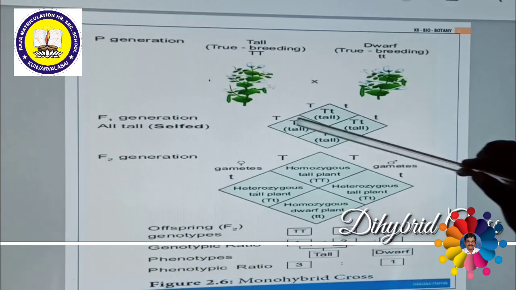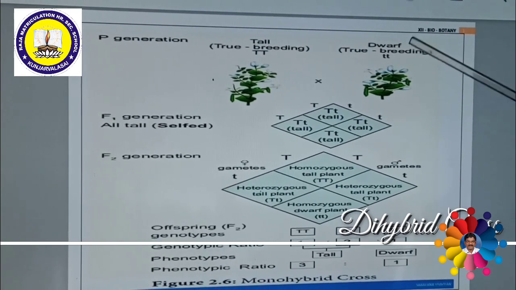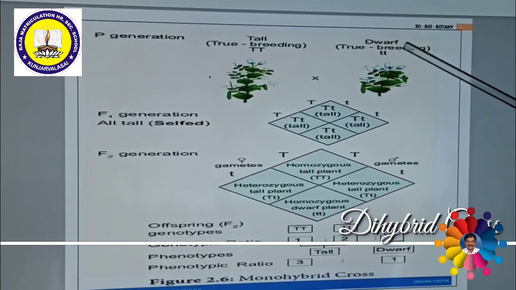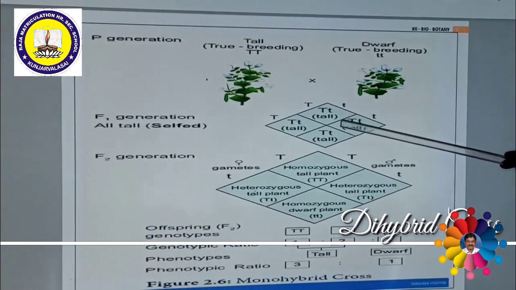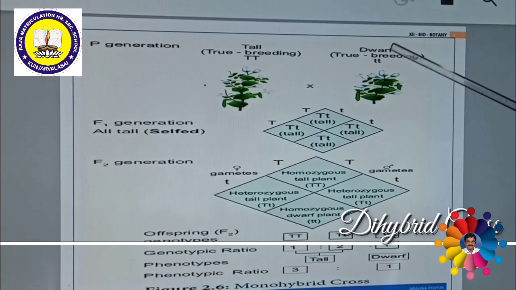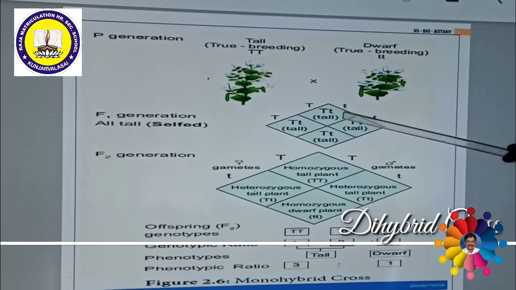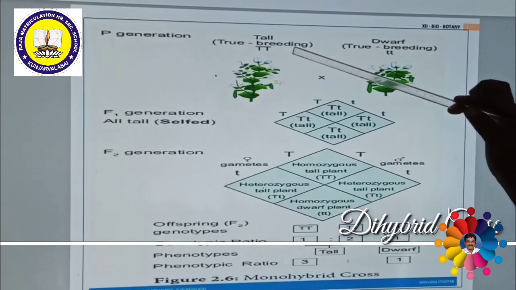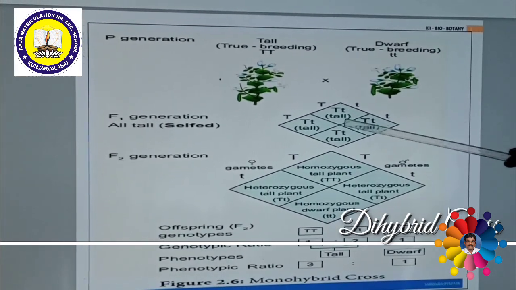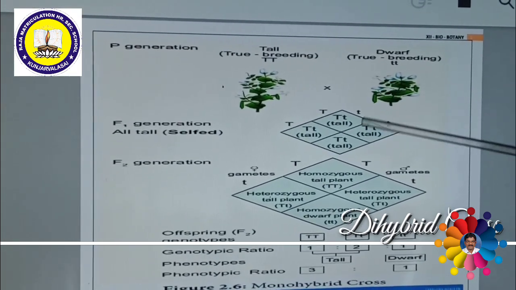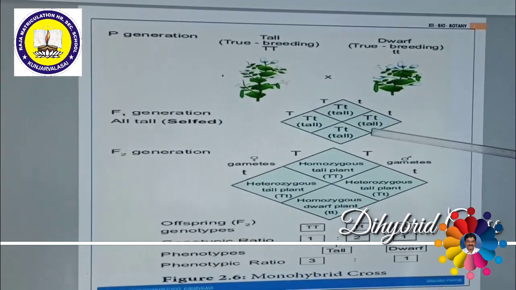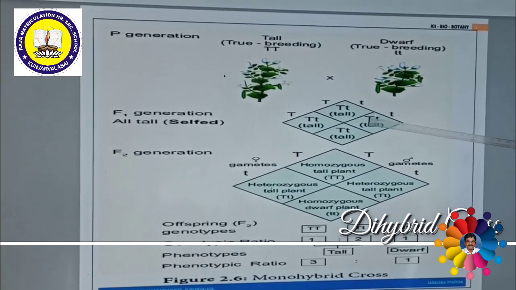In this heterozygous tall, dwarfness does not appear, only tallness appears. Even though the recessive gene, small t, is also present, only tall appears. This is called dominant. The character that appears in the F1 generation is called the dominant character.